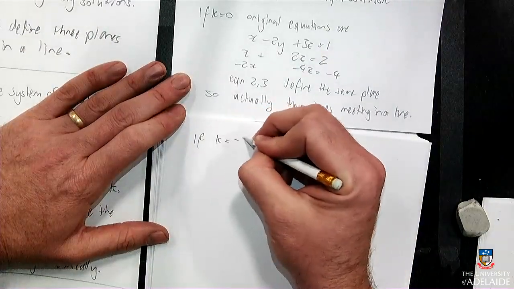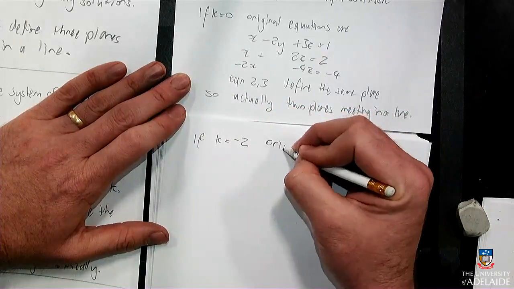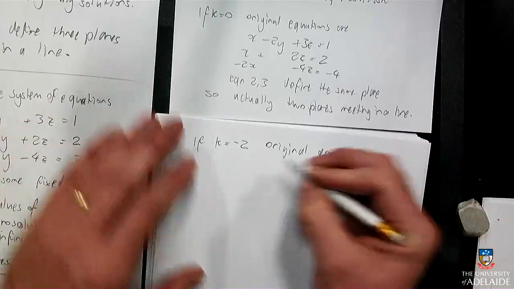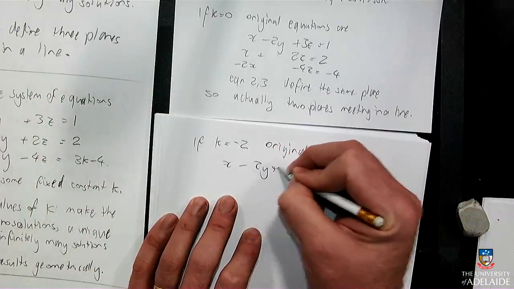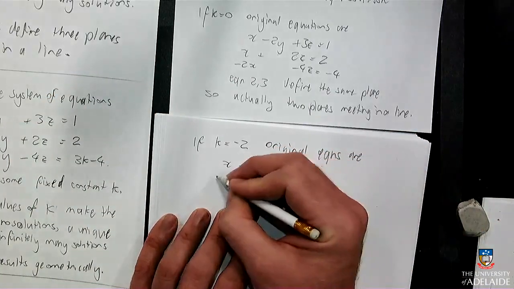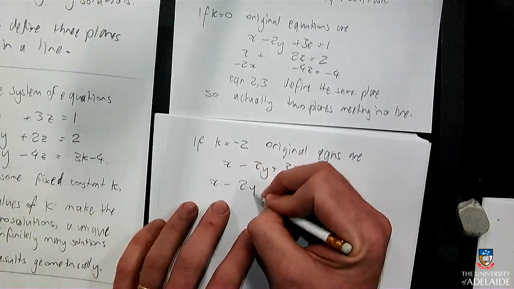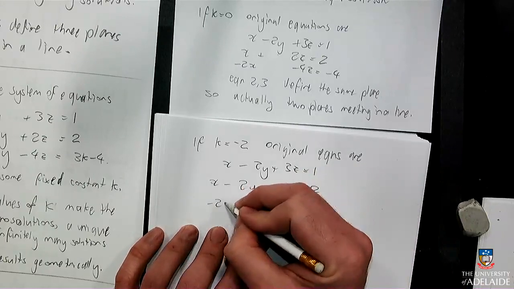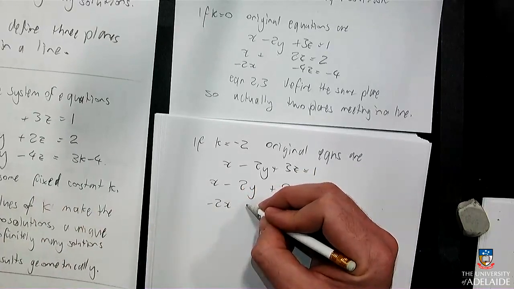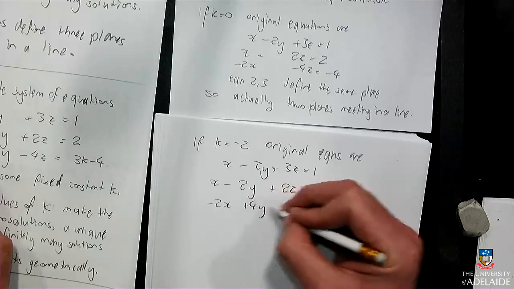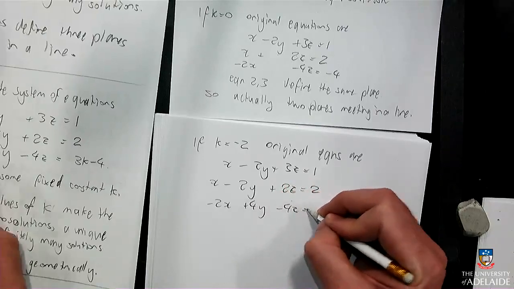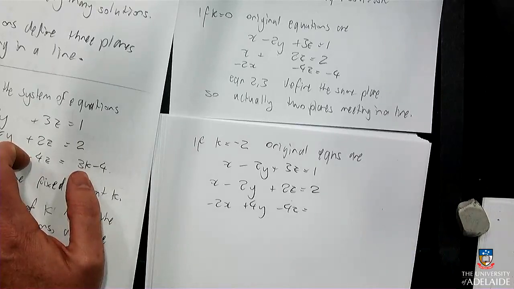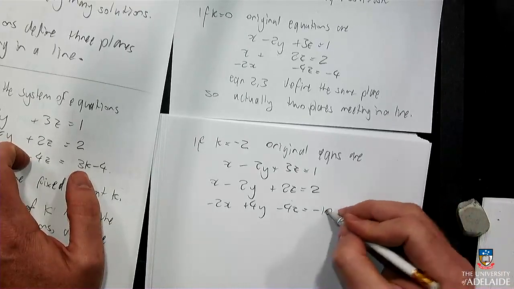If k equals minus 2, the original equations are x minus 2y plus 3z equals 1, x minus 2y plus 2z equals 2, minus 2x plus k squared y, which would be 4y, minus 4z equals 3 times minus 2 would be minus 6, and minus 6 minus 4 would be minus 10.